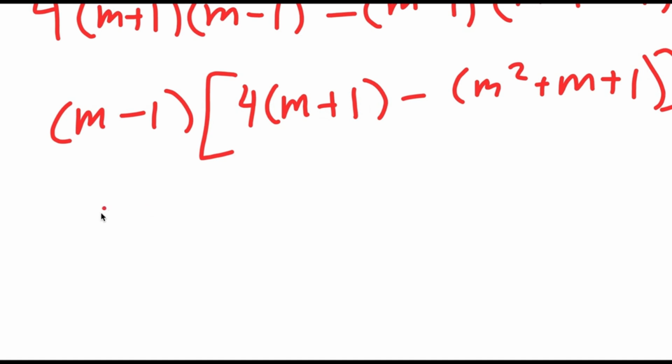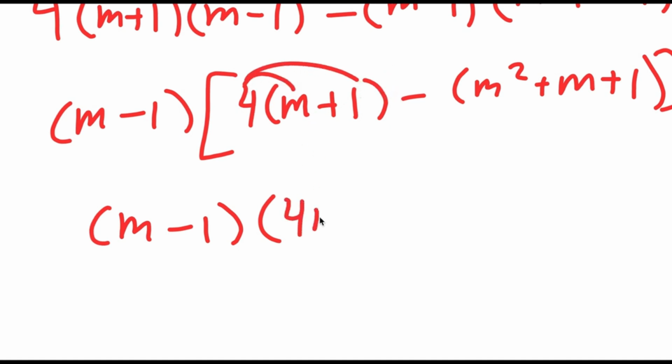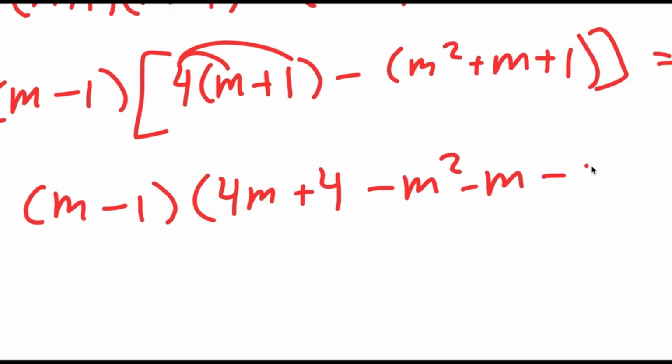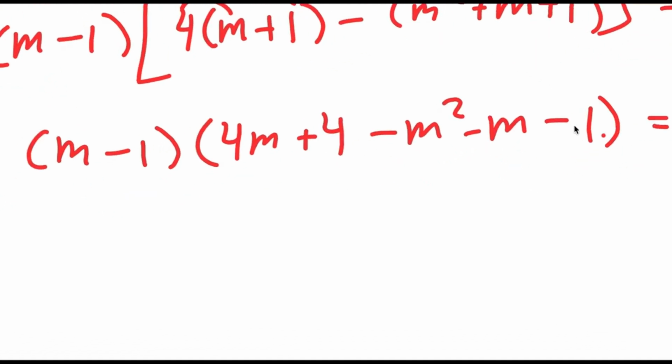And now I'm going to simplify this a little. So I get m minus 1 times, for 4 times m plus 1, I'm going to distribute the 4, so I get 4 times m, which is 4m, plus 4 times 1, which is 4. Now I have this minus m squared minus m minus 1, and all of this is equal to 0.